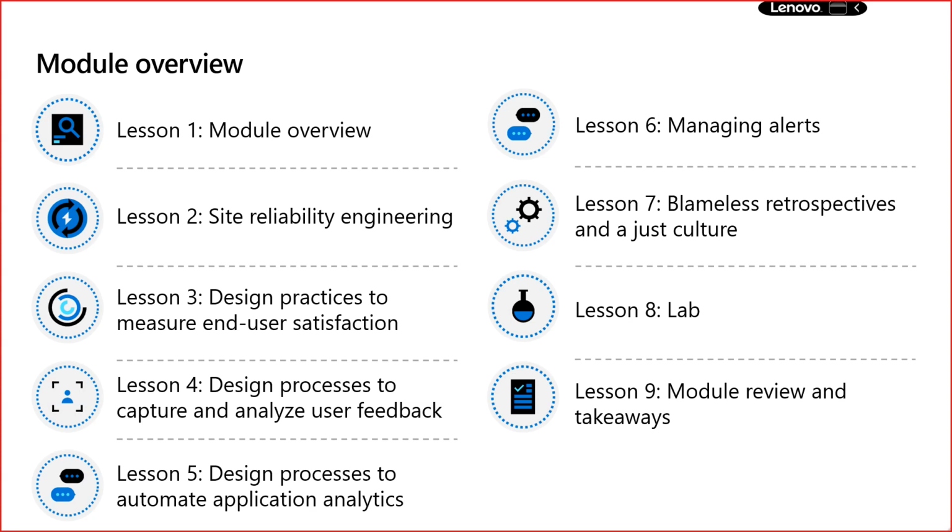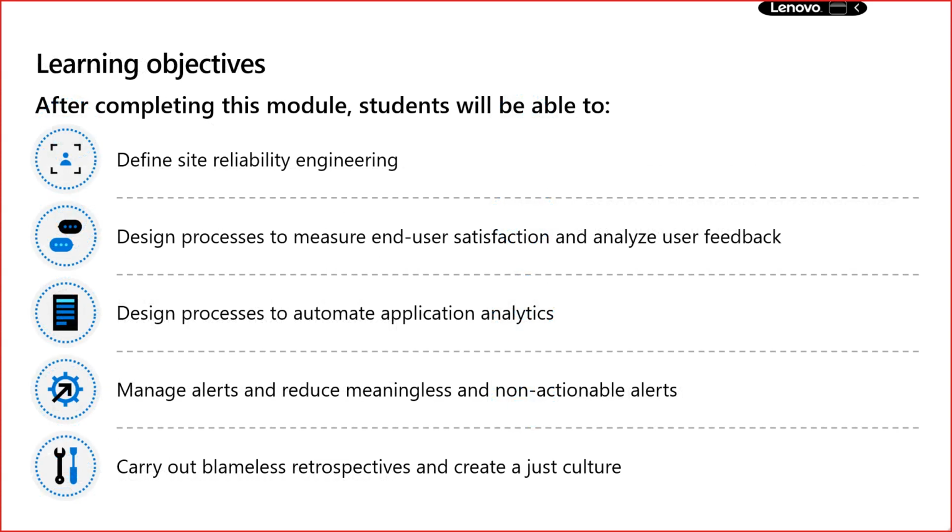What is the process to analyze those feedbacks, and how we can maintain and manage alerts? And instead of blaming the people, we should build a good culture in our environment so that we will be able to make a good DevOps practice, or a good project internally.